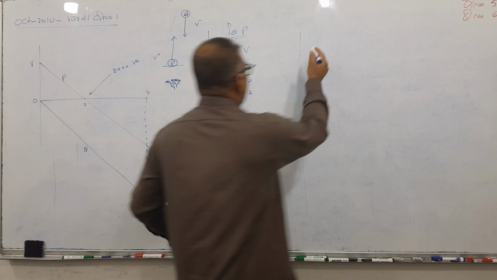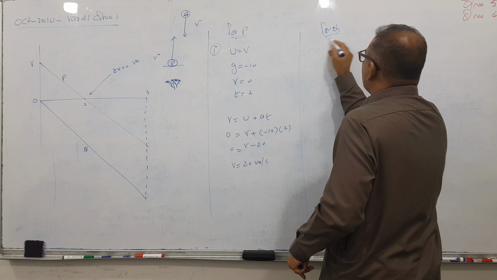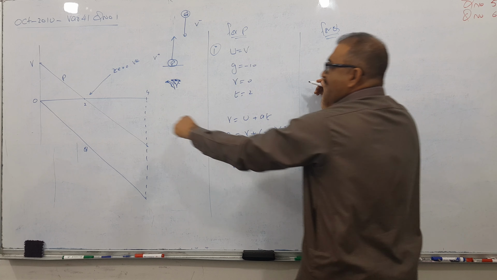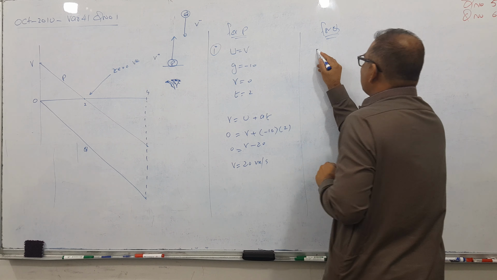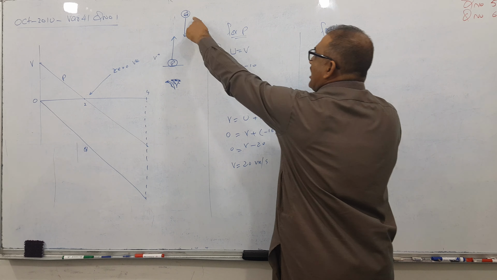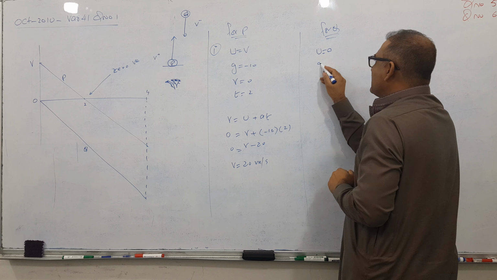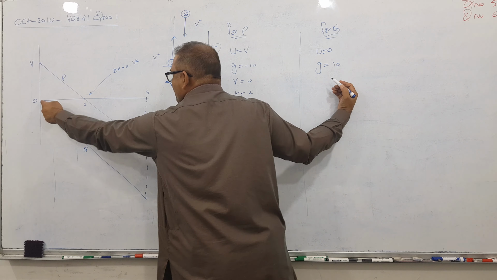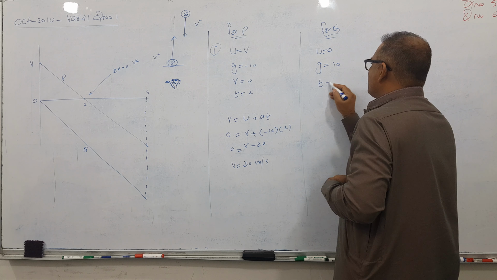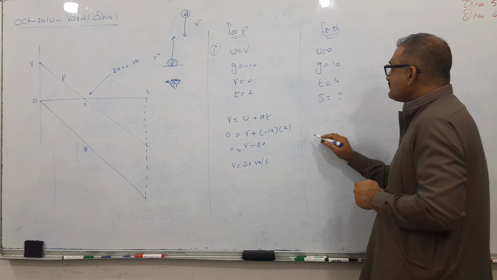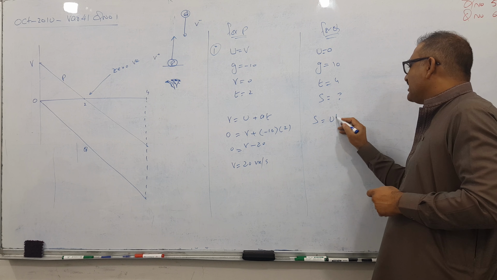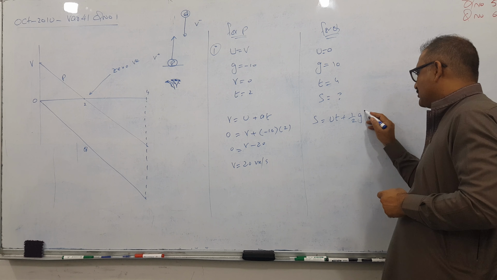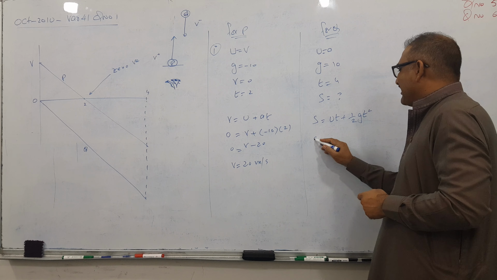So let's talk about Q now. Always give this kind of headings. It starts from rest, so you can say that U is 0 because it starts from here. So U is 0, coming downward the acceleration is gravity, plus 10. How much time will it take to reach? 4 seconds. So time is 4 seconds, and we find S. From the formula, S is equal to UT plus half AT squared, or half GT squared. So what is S?